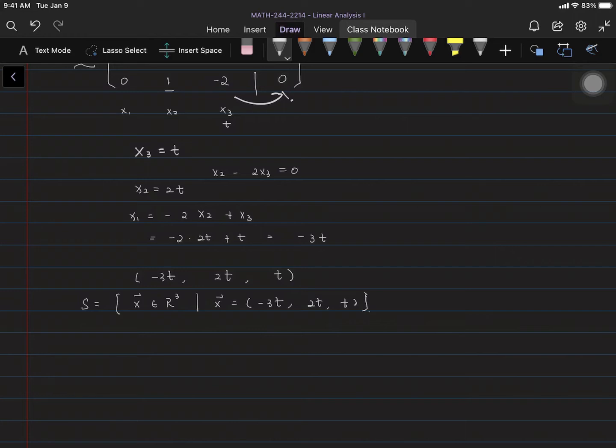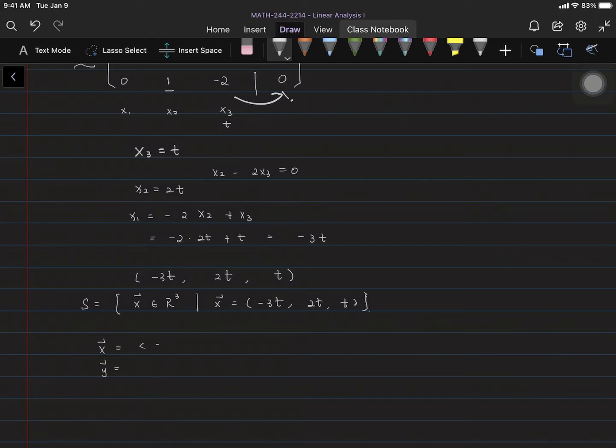Next, we want to verify this solution set. It is a subset of R3 because all the solutions belong to R3, but it has to satisfy this condition, like (-3, 2, 1) times t, right? Now let's just pick any 2 vectors. We can pick an x vector and a y vector.